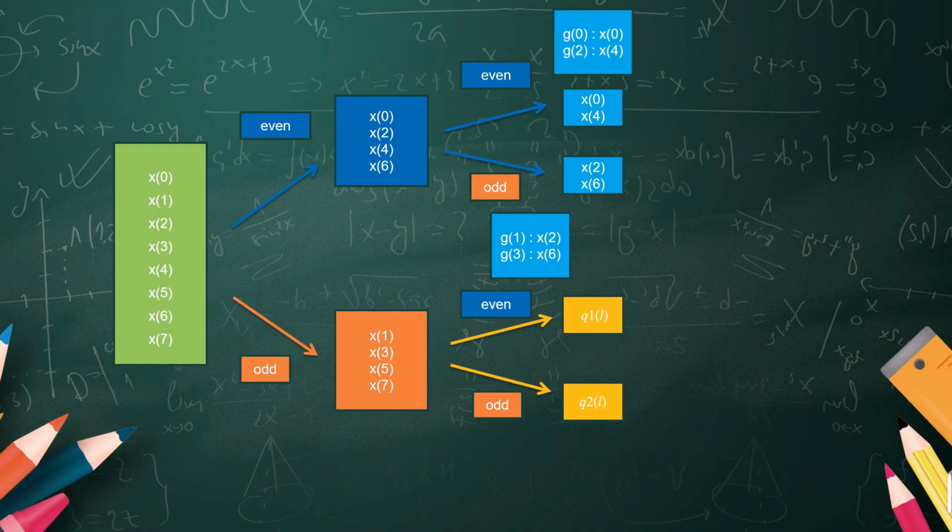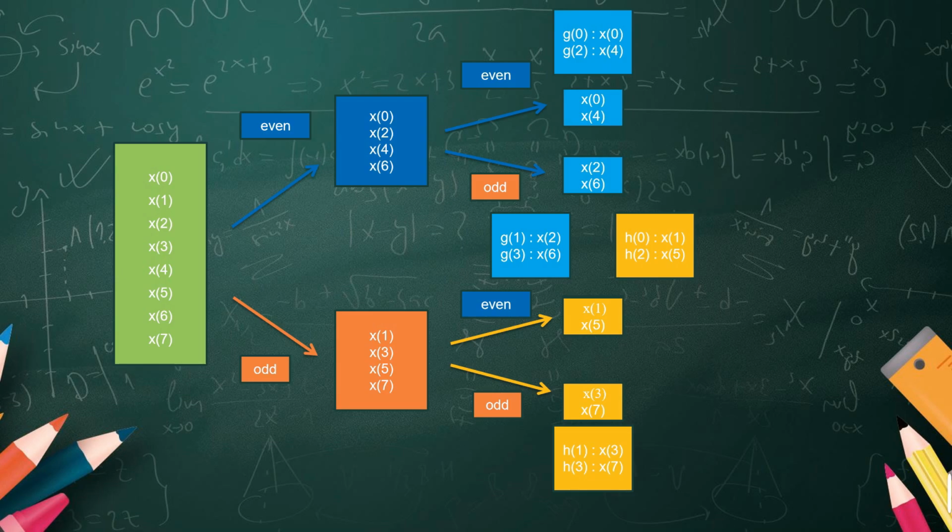The odd sample, H(m), consists of x1, x3, x5 and x7. H(m) is also divided into even and odd parts. The even part is named Q1(l) and the samples are H0 which is x1 and H2 which is x5. The odd part Q2(l) samples are x3 and x7. This is the pictorial view of splitting the index values of x(n).